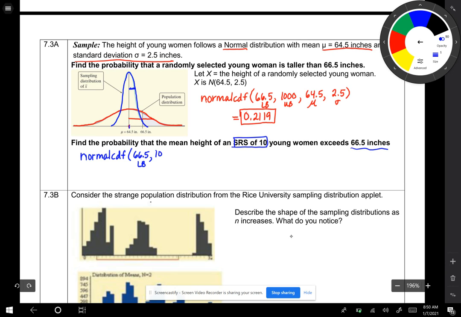upper bound 1,000. Mean, again, it's the same as the population mean. And our standard deviation this time is going to be different. So let's calculate it out here somewhere. So our standard deviation of the sampling distribution is equal to standard deviation divided by the square root of our sample size.